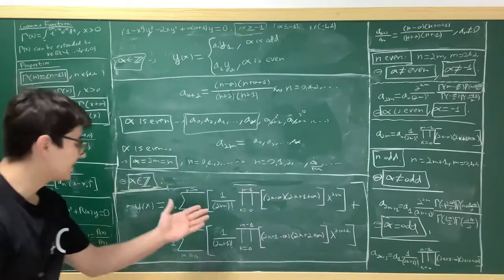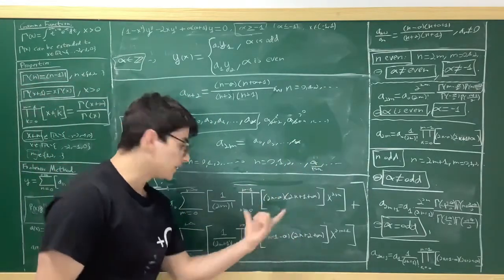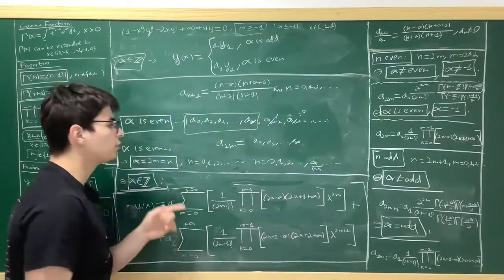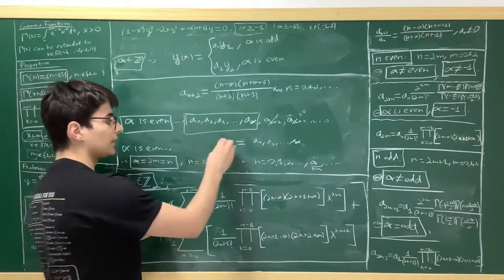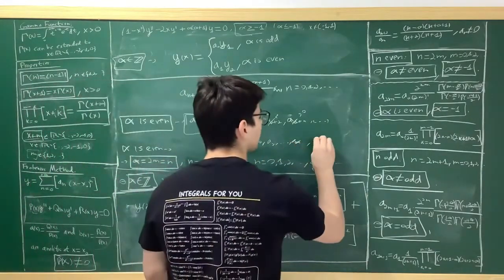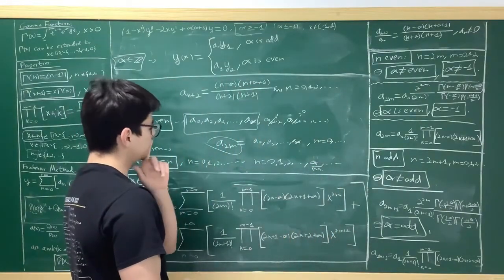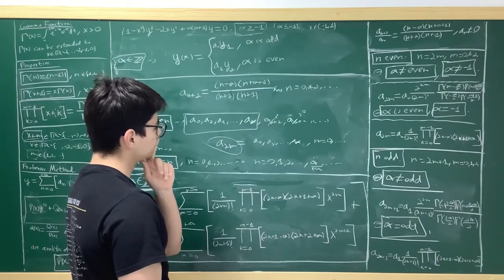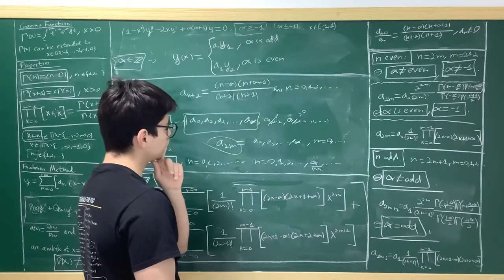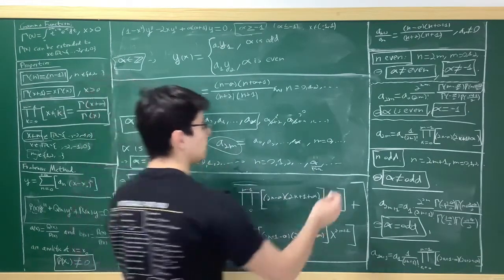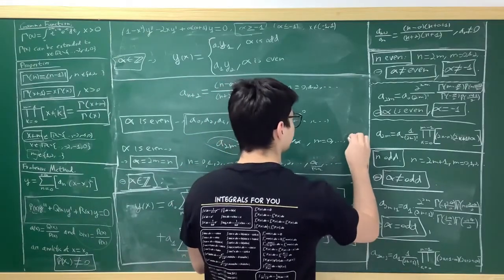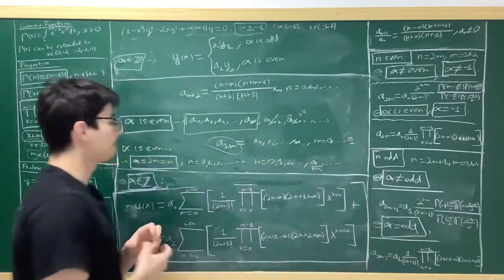What does this mean? This means that this part, the even part, doesn't actually go to infinity. m goes from 0, 1, up to alpha over 2, really.